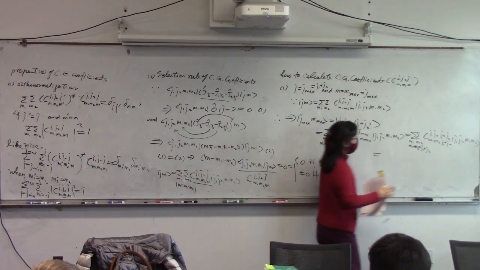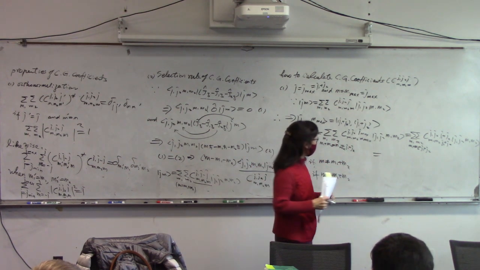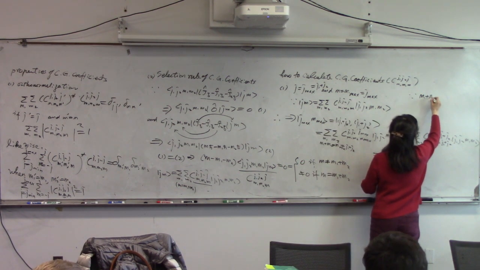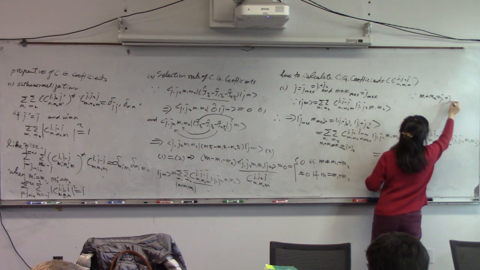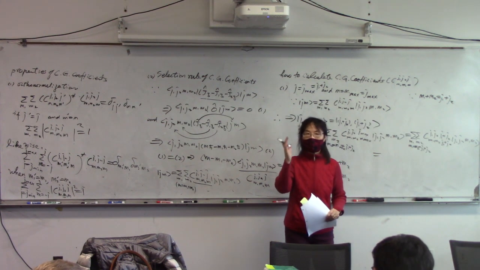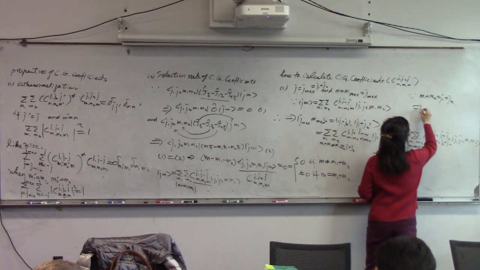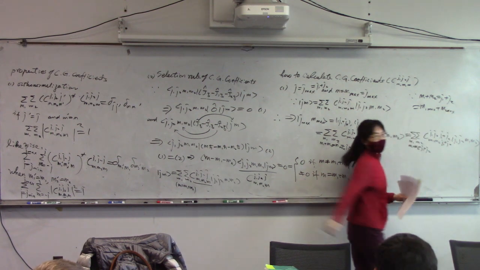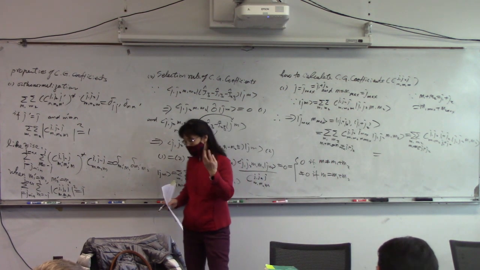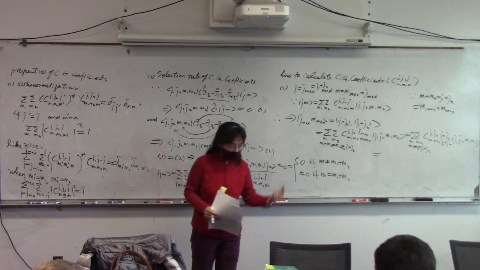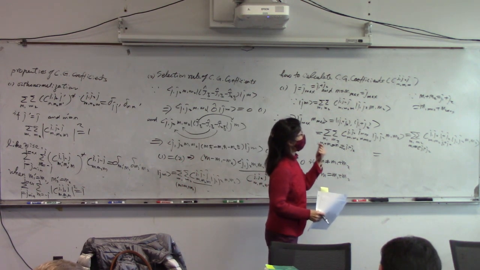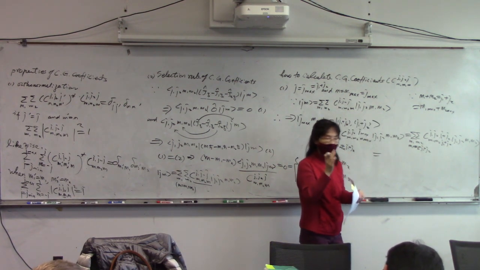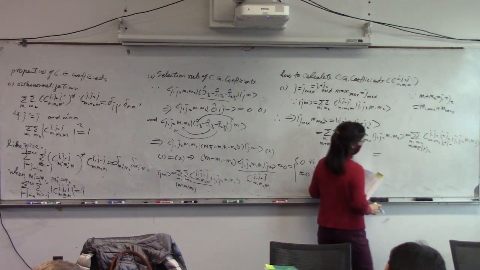Now, according to this, M1 plus M2 must equal J1 plus J2. What does it mean? M1 must take the maximum value. Right, because only when M1's maximum value is equal to J1 and M2's value is equal to J2, then we have M1 plus M2 equal to M max, which is equal to J1 plus J2.